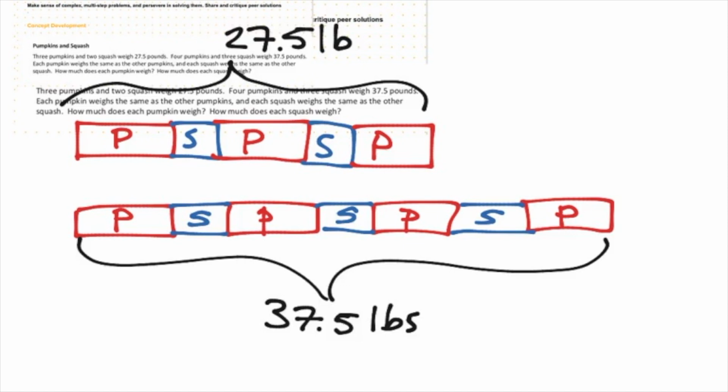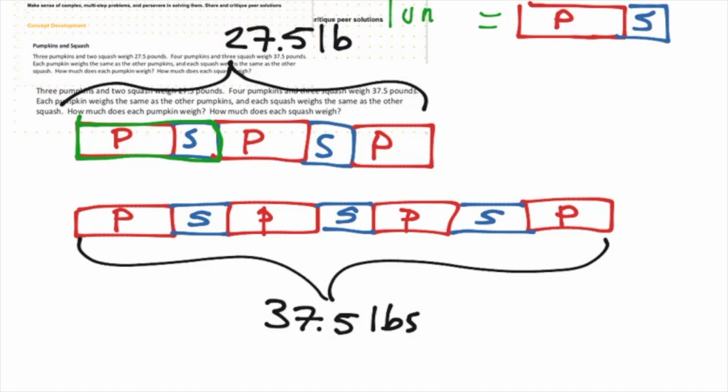Well, I'm going to think about this in units. If I think of this as 1 unit, 1 pumpkin, 1 squash. So if I were to draw my 1 unit, I have 1 pumpkin and I have 1 squash. This is 1 unit. Okay, and I need to figure out how much that 1 unit is.